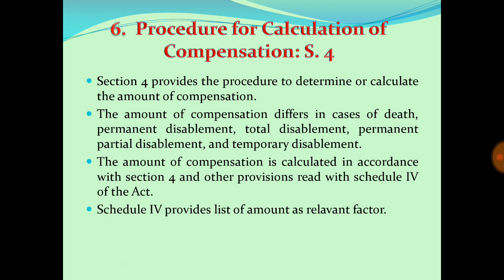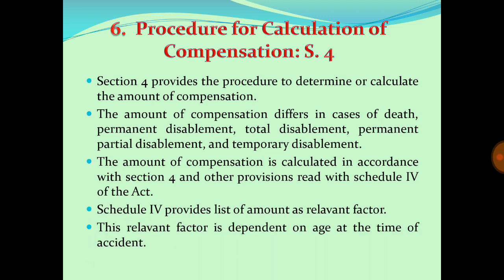The 4th Schedule of the Act provides a list of amounts of a relevant factor. As you know, the relevant factor is an indexing number which depends upon the age at the time of the accident.